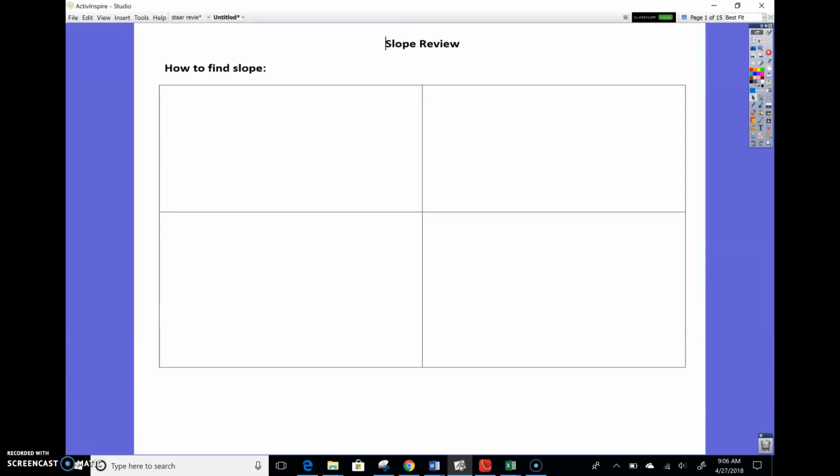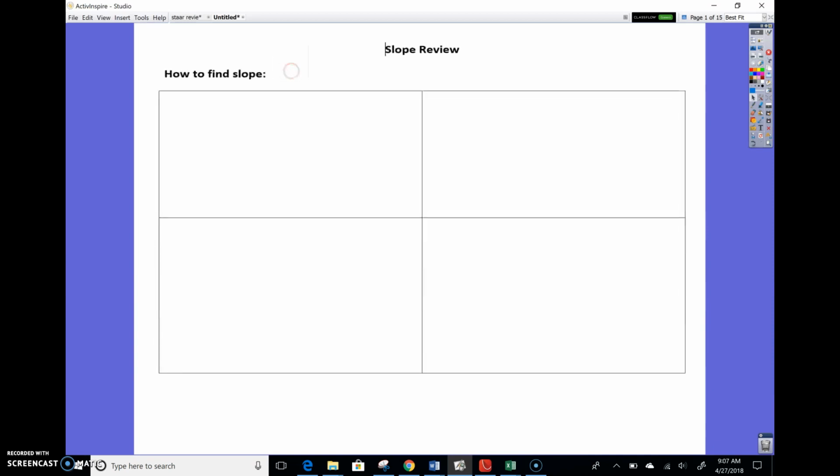Okay, today I'm going to explain how to find slope. In STAAR problems, the slope problems usually use the word slope, or they'll ask for rate of change.